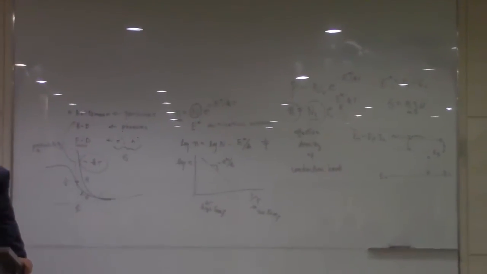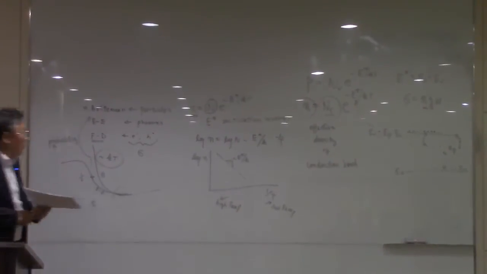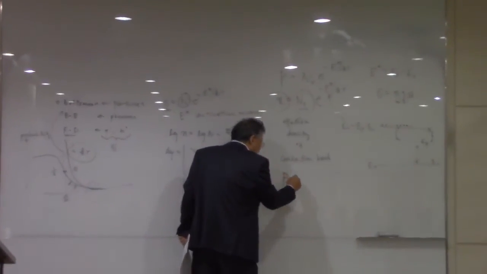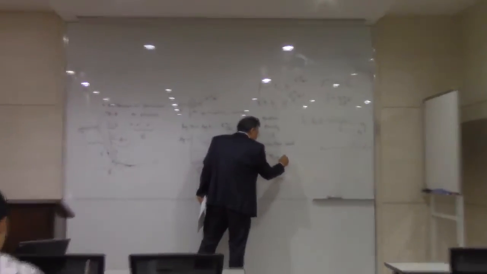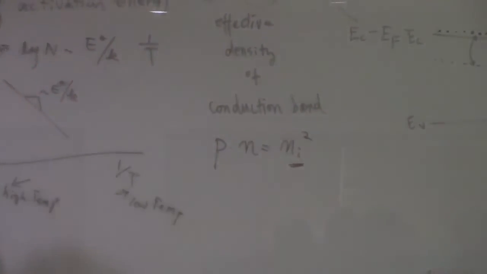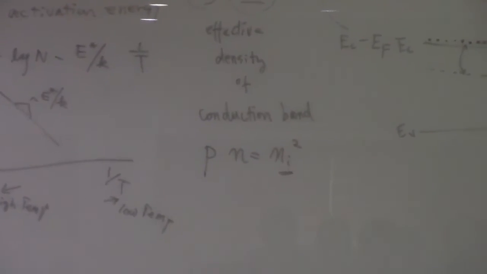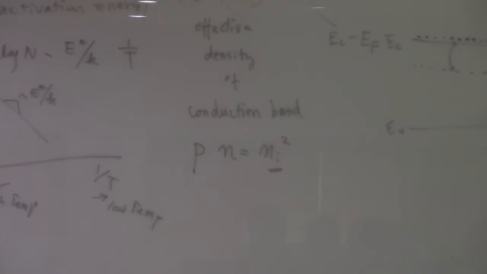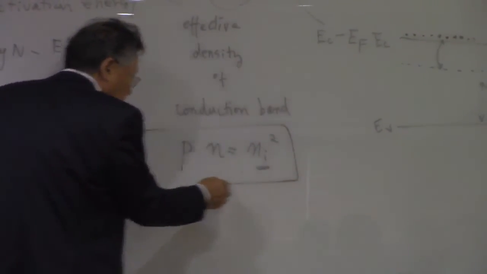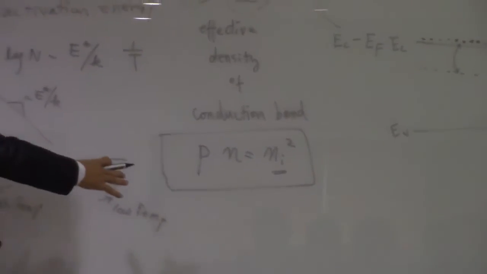The important thing to notice here is that the p-n product, in any case, is going to be n_i squared, the intrinsic concentration of free carriers. If the material is in equilibrium, this holds.